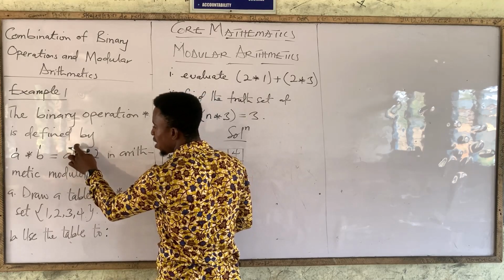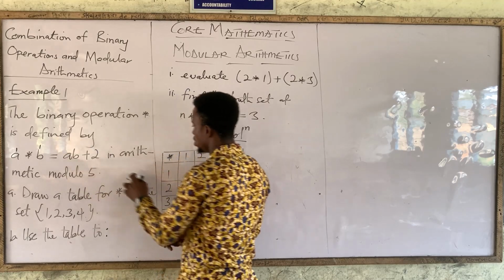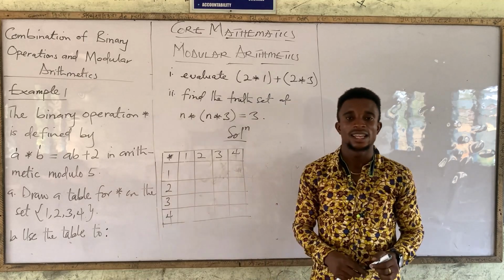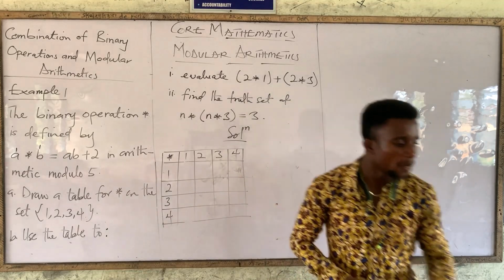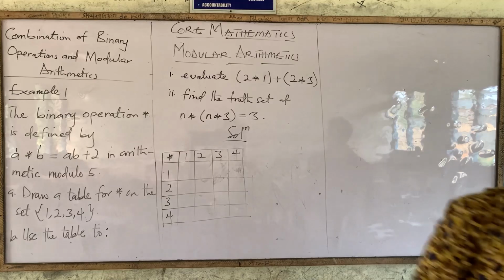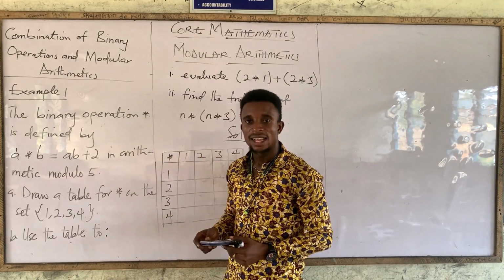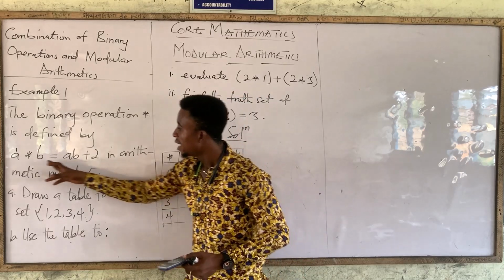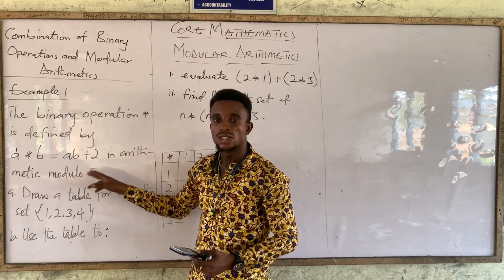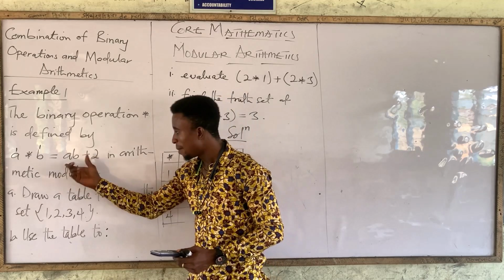So it should be 1 times 1 plus 2. Then I put the answer here. Are we okay? But here, we are going to put it on our calculator. Are we getting that? We want to put this machine, A star B is equal to this machine, so that we will not always put the number times.